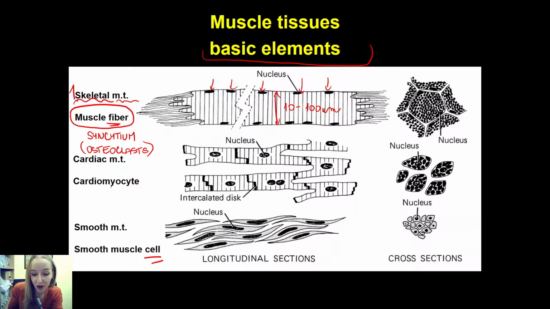What we can see are these transverse stripes that result from the arrangement of the cytoskeleton. The cytoskeleton inside these muscle fibers is arranged in a certain way, and because of that we can see this striation in a light microscope. Normally you're not able to see the cytoskeleton, but you can see striation because of it.